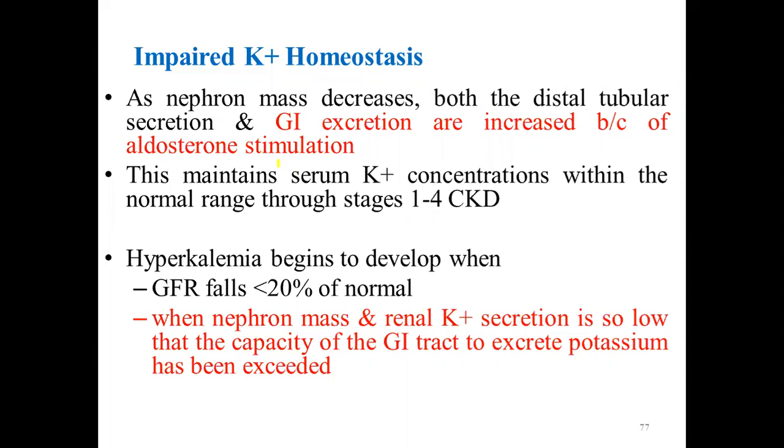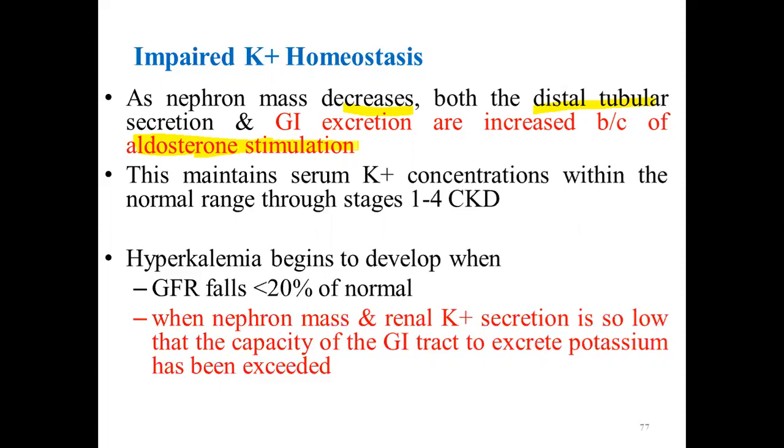We have seen one patient in a hospital. As the nephron mass decreases, distal tubule secretion and GI excretion will be increased because of aldosterone stimulation. This is just a compensatory mechanism.